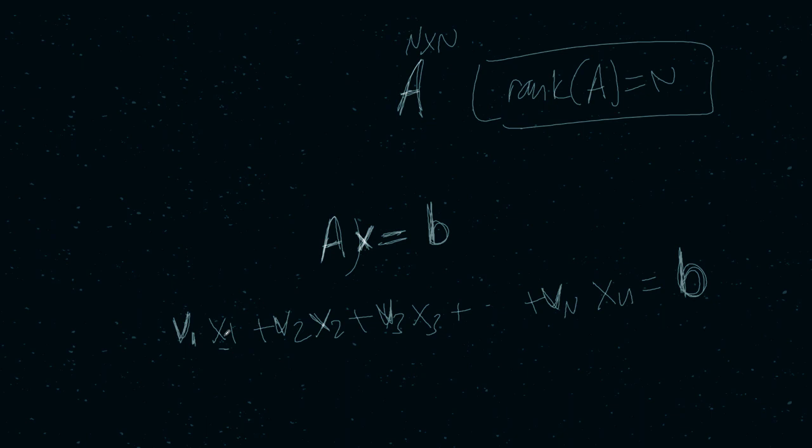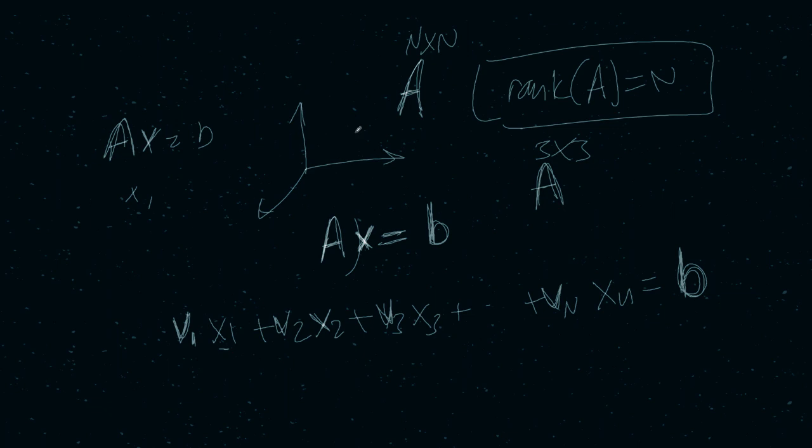However, the difference between the full rank and the previous one is that now we will have the whole space. For example, if A has dimension 3 by 3 and it is full rank, then by changing x1, x2 and x3 to any element, we can have the full three-dimensional space. We can have any point here.